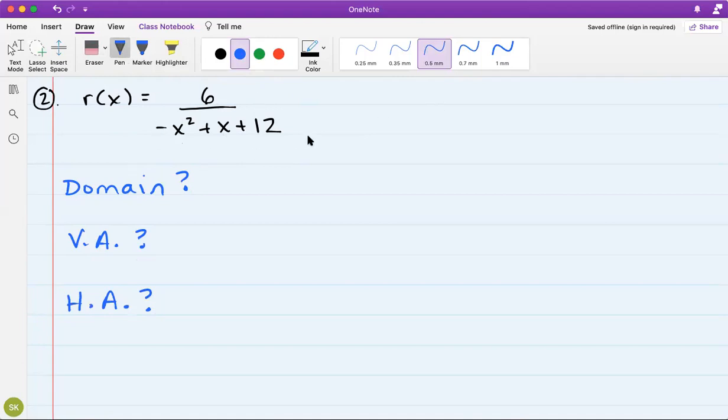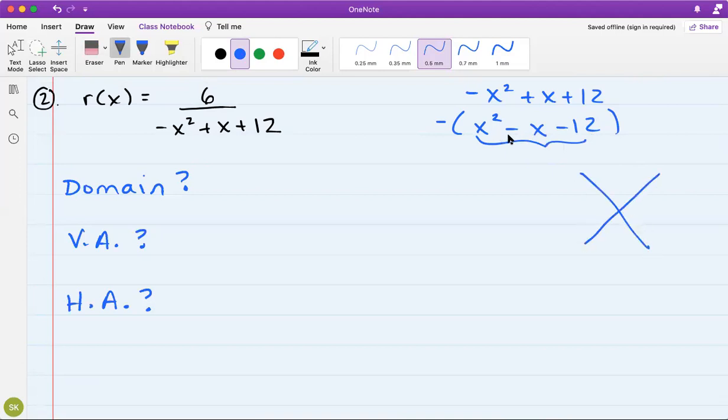What we're going to do is we're going to factor the denominator. So we have negative x squared plus x plus 12. How can we factor this? First thing I'm going to do is I'm going to take out this negative. Then I'm going to focus on this trinomial. I need two numbers that multiply to give me negative 12 and add to give me negative 1. They happen to be negative 4 and positive 3. So this factors into negative (x minus 4)(x plus 3).